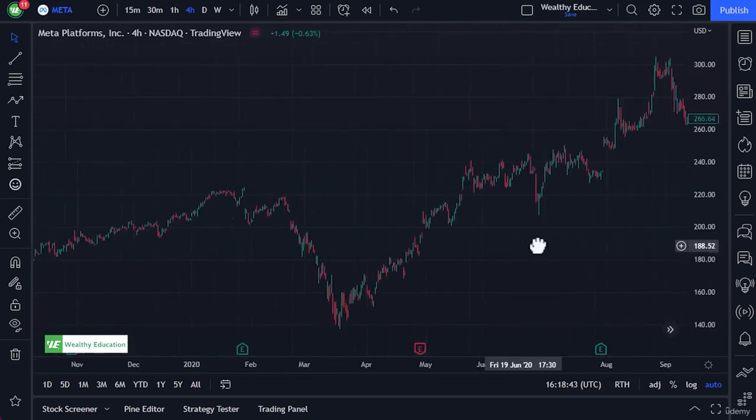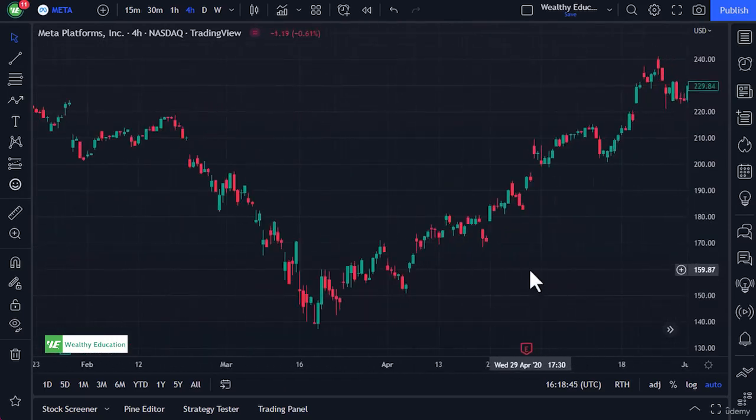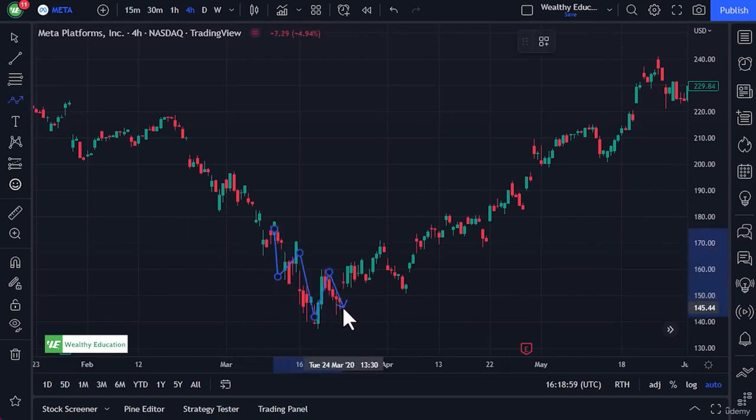So as I zoom into this here, this has several of what are known as hammers. You could make an argument for what is known as a very, very ugly inverse head and shoulders. And that's a reversal pattern. And you can see we did, in fact, reverse.